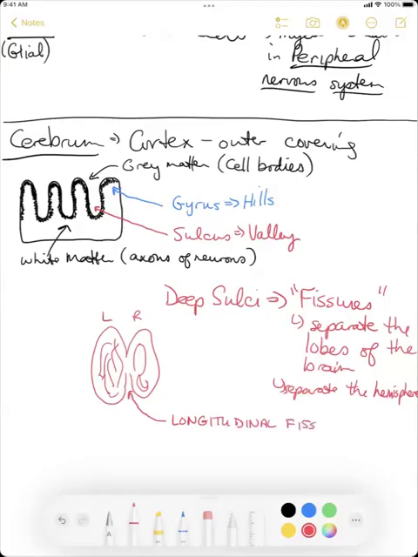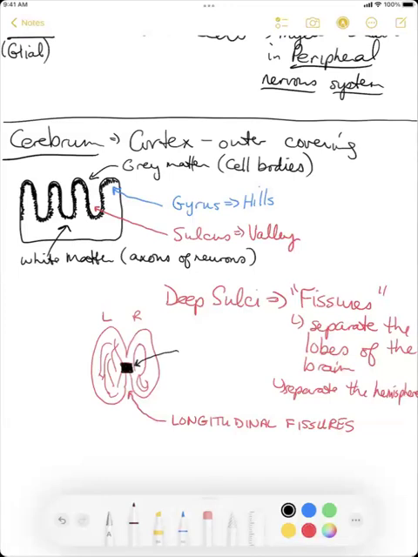Now, the left and right halves of the brain are not completely separate from each other. There is a connection that exists between the left and the right half of the brain. And that connection allows for signals to be transmitted between the left and right side of the brain, and come up from the spinal cord and communicate with each other.